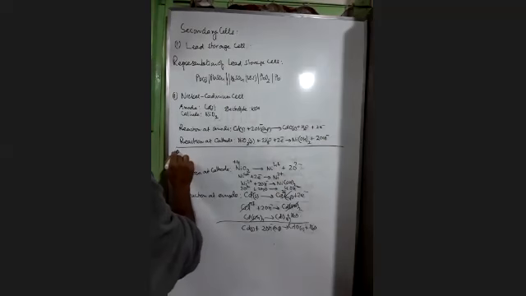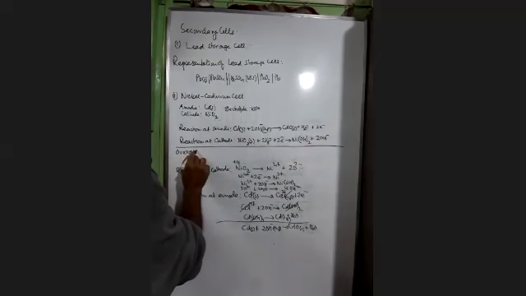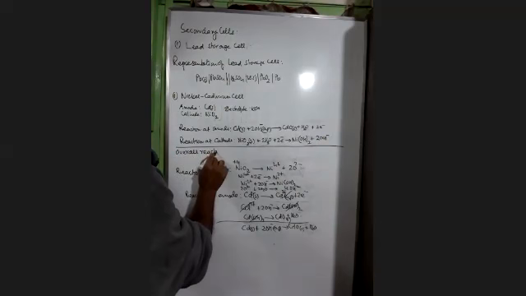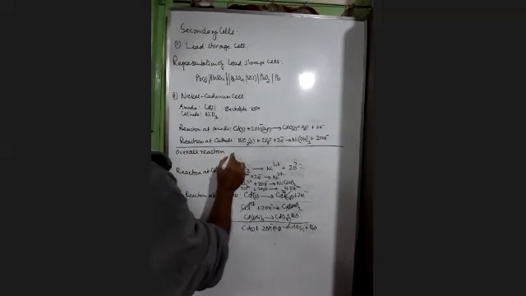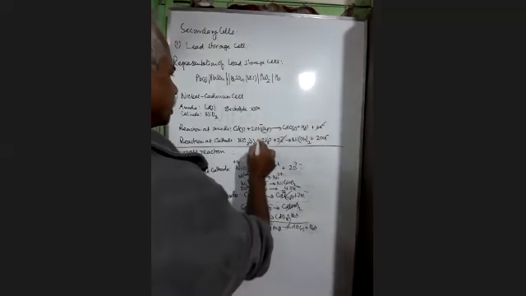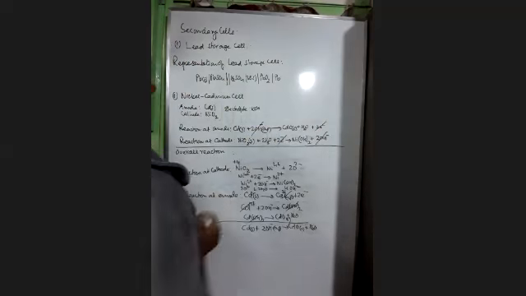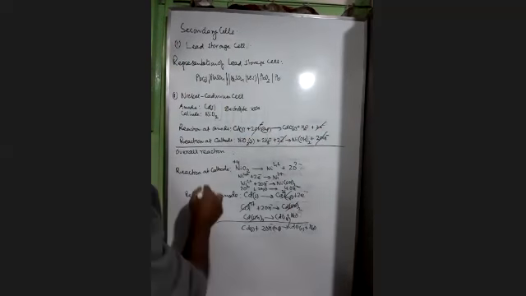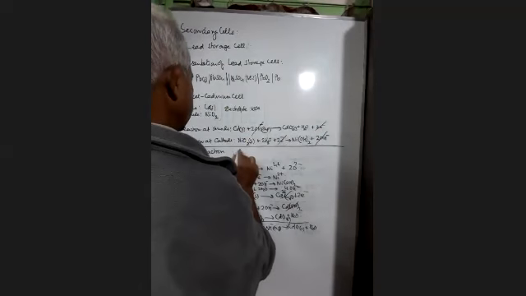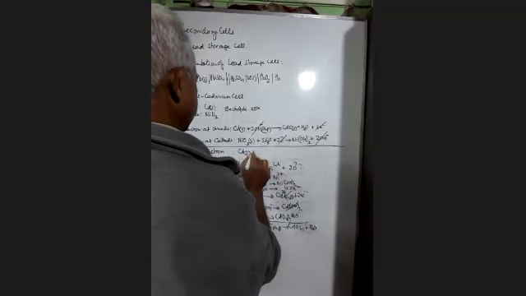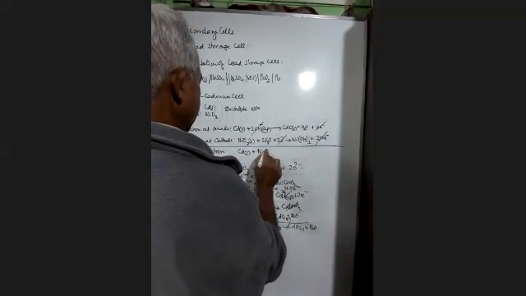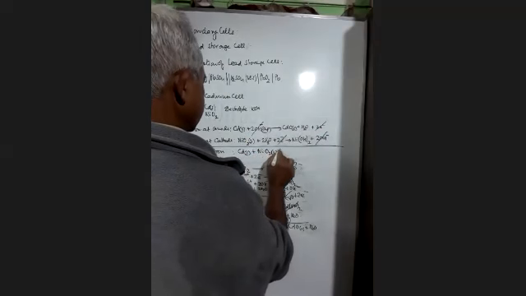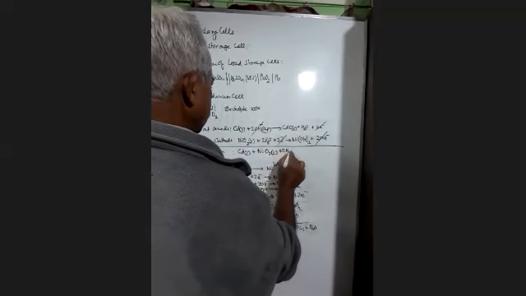So overall reaction, this and this get cancelled, this and this get cancelled. So you get here now cadmium solid, NiO2 solid, 2H2O.